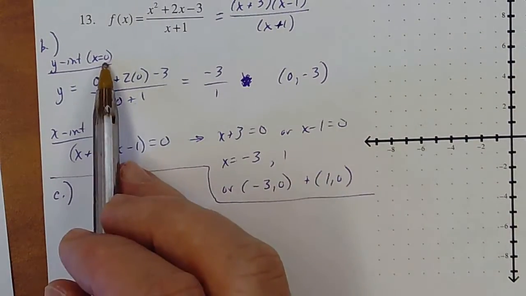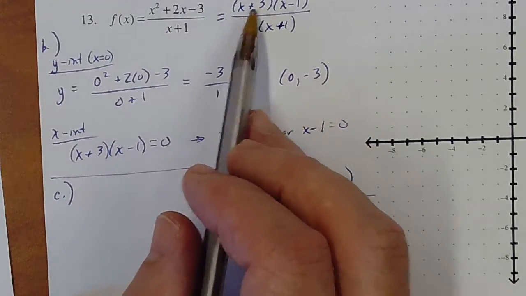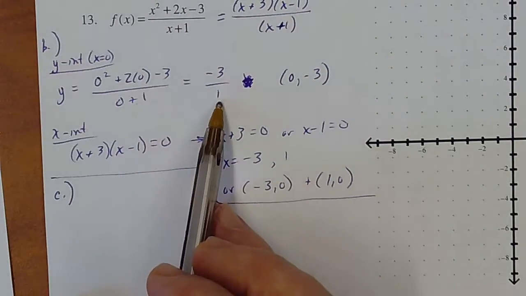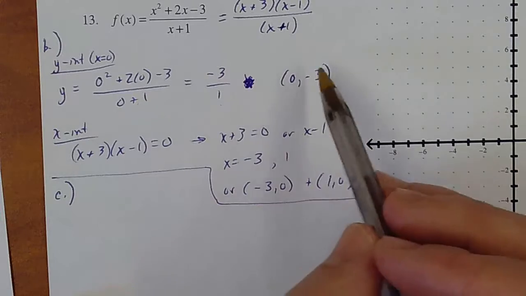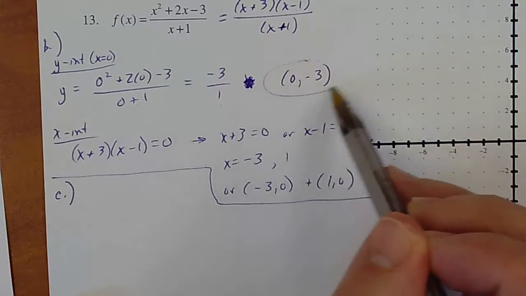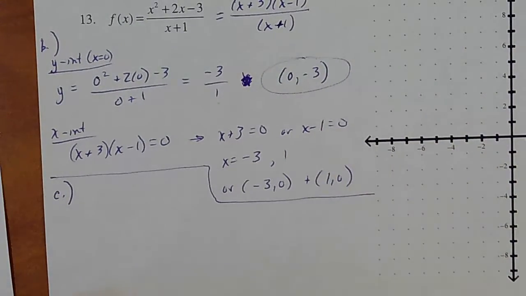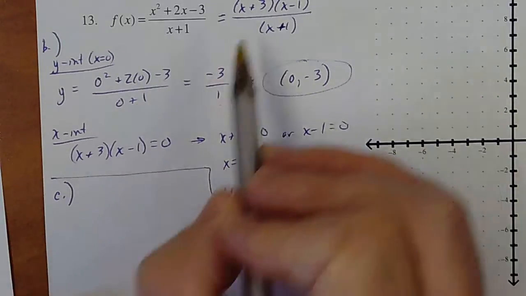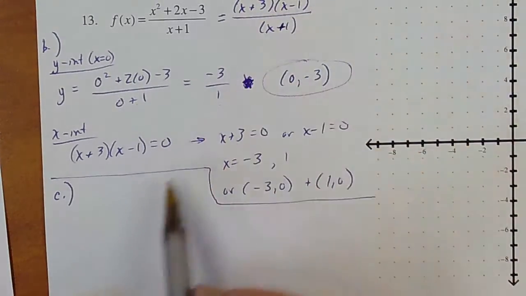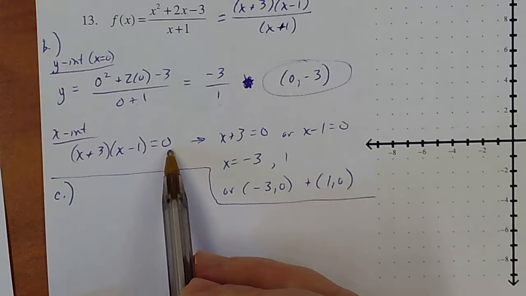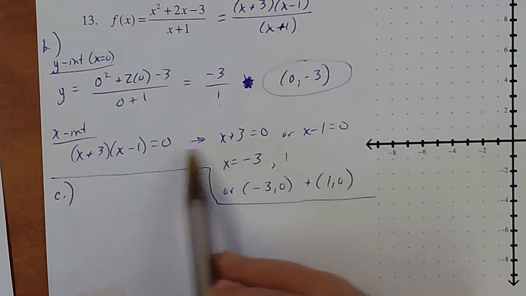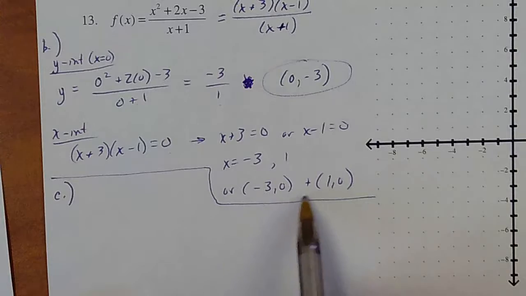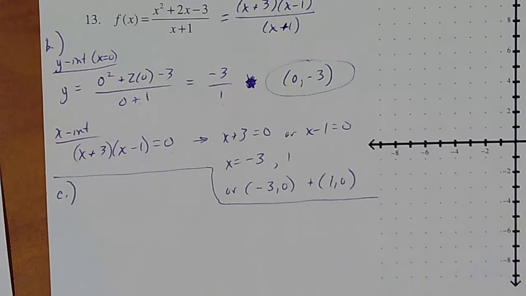I plugged in 0 into this one, but you could definitely get by with doing it on that one. So I get negative 3. So here's my y-intercept. For the x-intercepts, it's the zeros of the denominator, I'm sorry, numerator. So I use the zero product law now, set A or B equal to 0, solve them, and I get 2 x-intercepts.